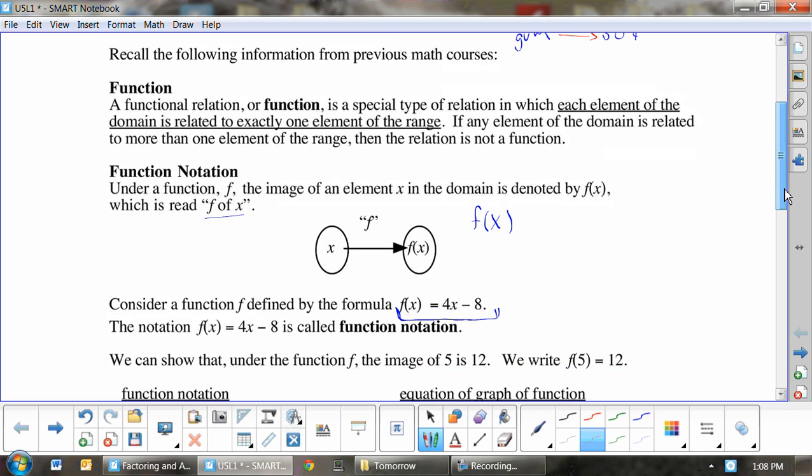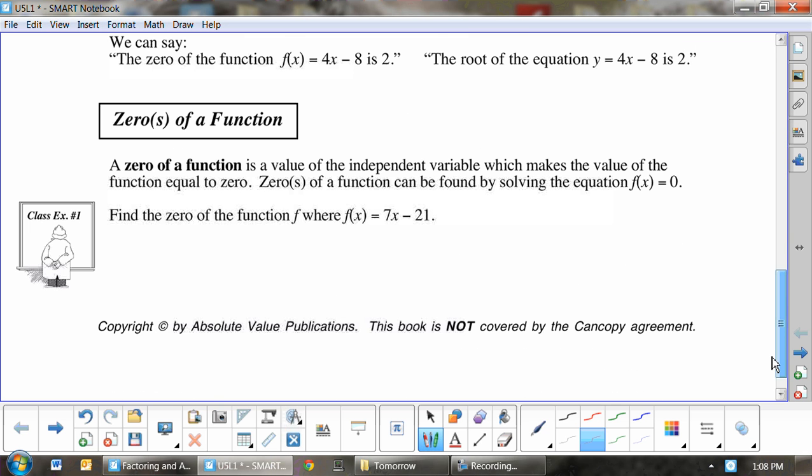So, for example, if we go down to example 1, the question is, find the zeros of the function f where f(x) is equal to 7x minus 21. Find the zeros means that we want to find where the function equals 0.